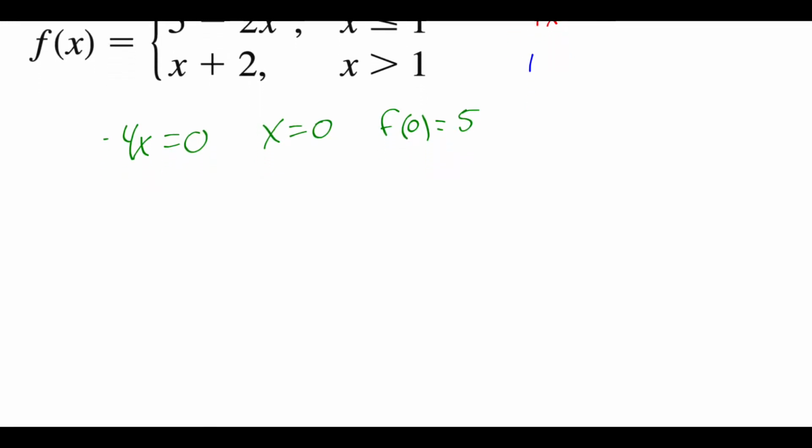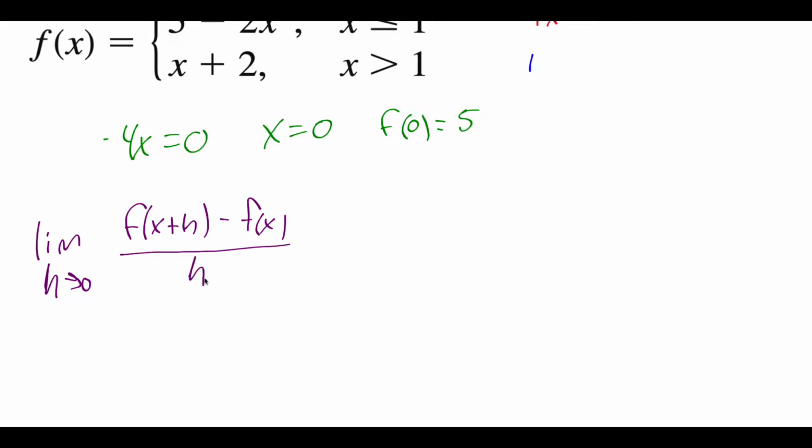Now, to do our one-sided derivatives, we're going to have to do the limit definition of a derivative. So we're going to do the limit as h approaches 0 of f of x plus h minus f of x all over h. But we're doing one-sided derivatives. So for this first one, I'm going to look as h is approaching 0 from the right-hand side.